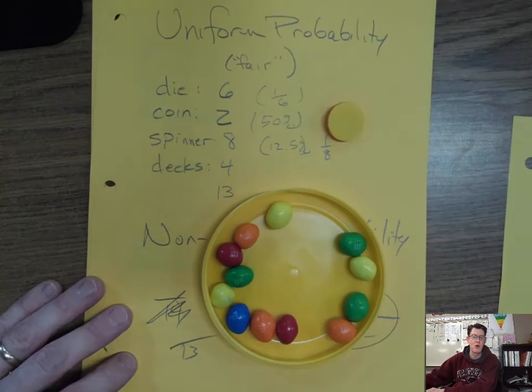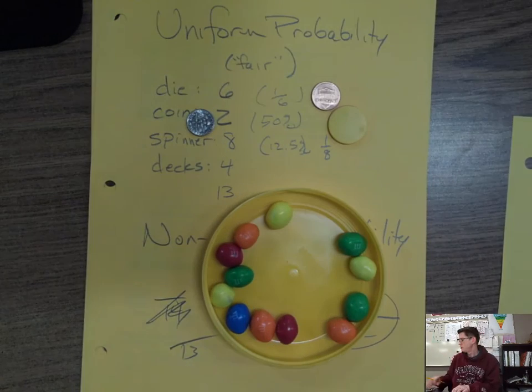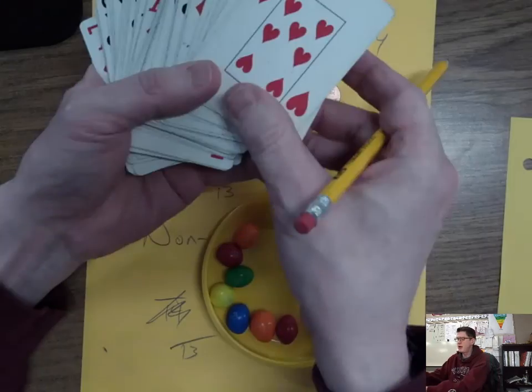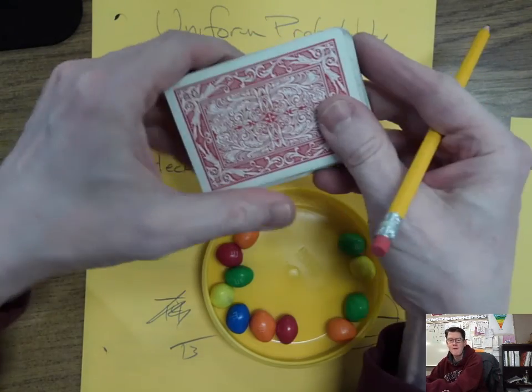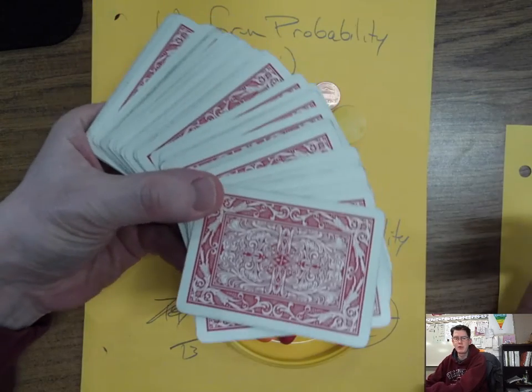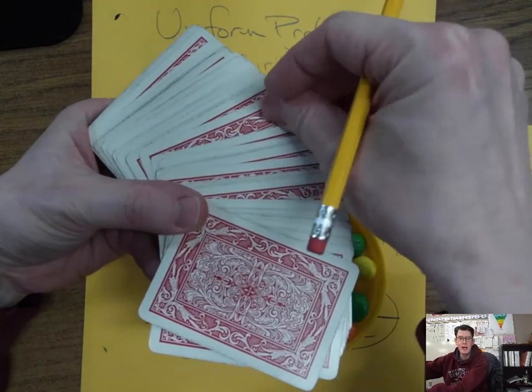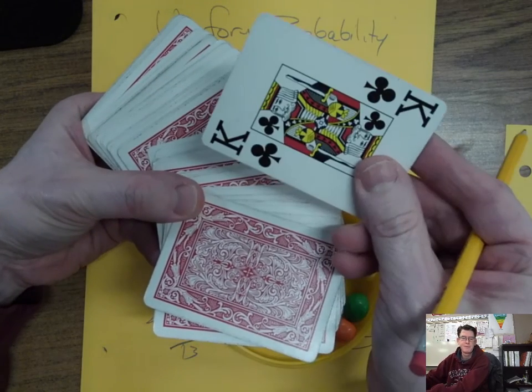A counter would be uniform. Flipping a coin would be uniform. I've got some coins here. If I'm flipping a coin, it's going to be uniform at 50%. Or if I'm choosing a card, let's say I want to choose a red card. Well, you know that half are red and half are blue. So you know there's a 50-50 chance that I'm going to get red. So right there, did I get red? Well, it's a 50-50 chance.